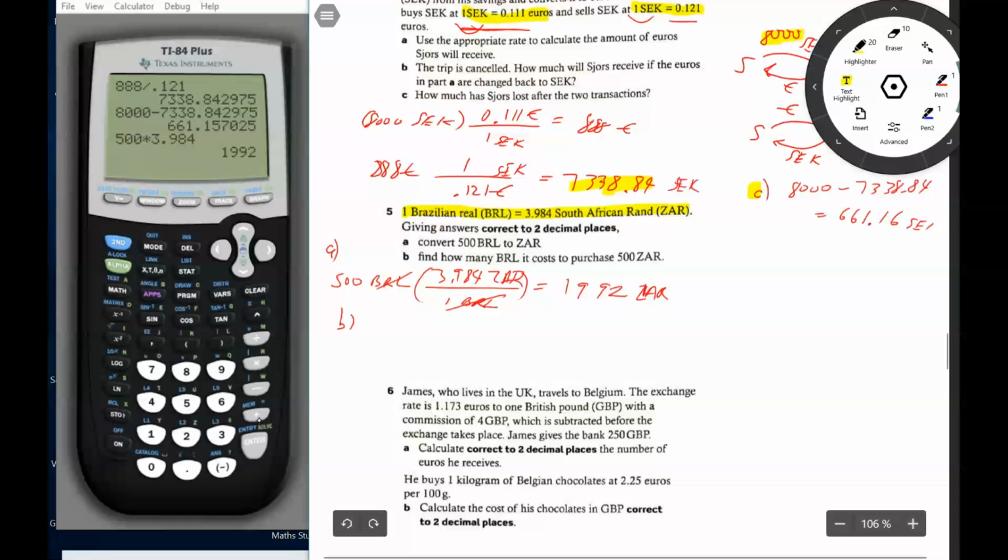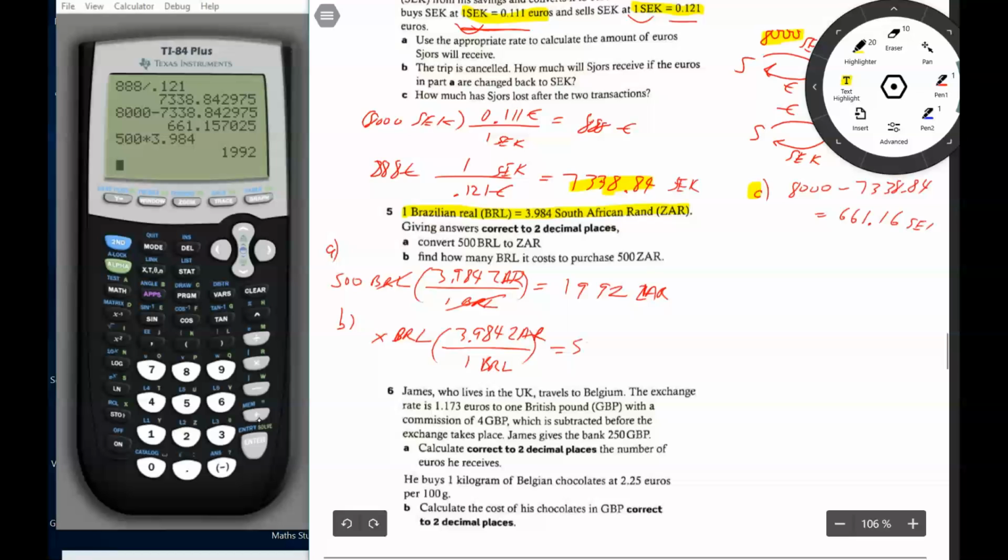Okay, so we have X Brazilian real, and we're going to convert it using this exchange rate, same one. And on the bottom we have BRL.